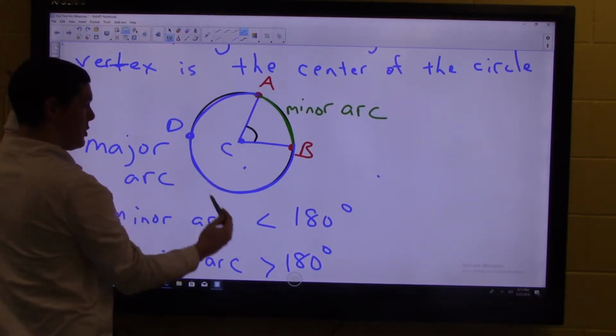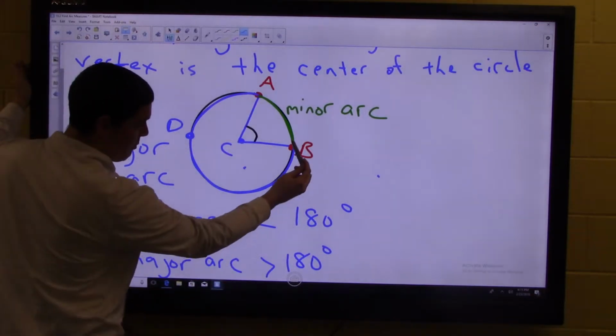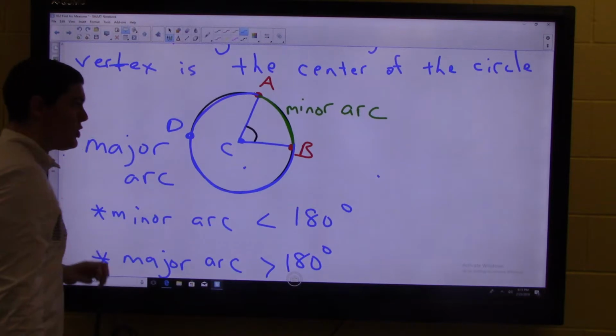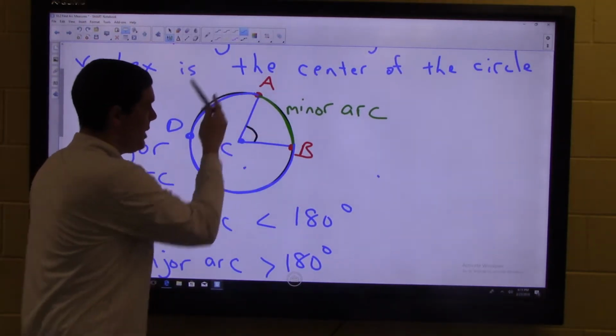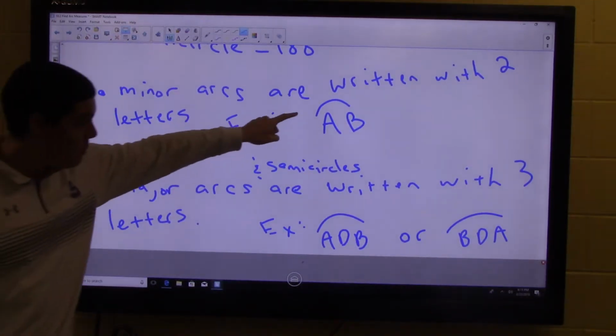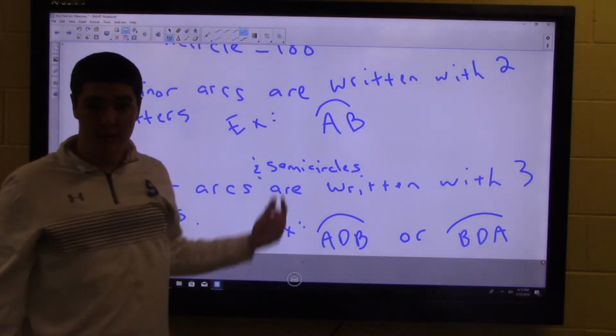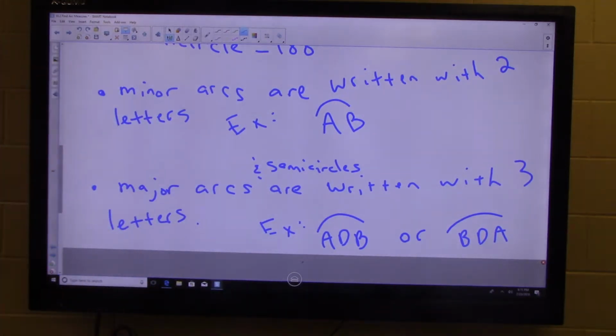This point tells us which direction we're going. So we're going from A to D to B, or you could write it as from B to D to A, just like with the minor arc, you could have written it as arc AB, or arc BA. And I didn't mention this, but the arc symbol is a little arch. So there we go.